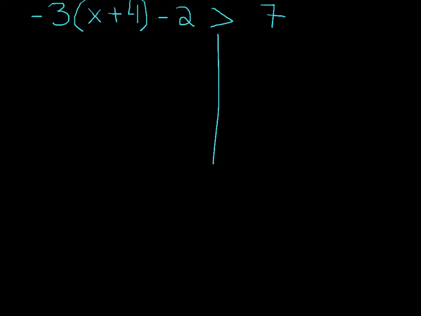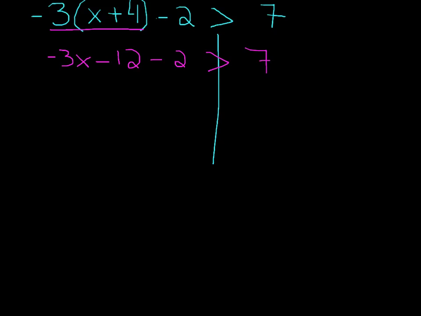Here's our first example. Negative 3 times (x plus 4) minus 2 is greater than 7. So we first look to see, can we distribute? And in this case we can because we have parentheses. So negative 3 times x is negative 3x, and negative 3 times 4 is negative 12, and then minus 2 greater than 7.